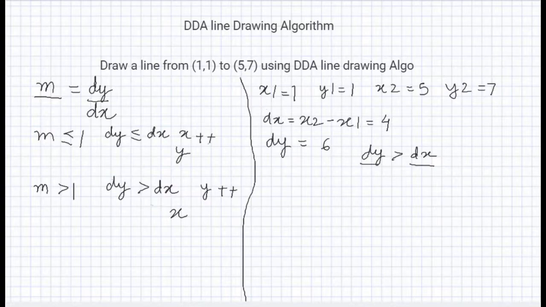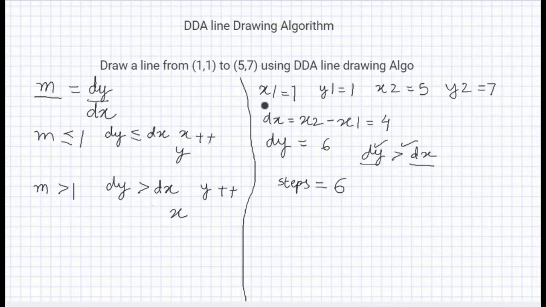Now, in the algorithm, we will take a variable and assign the value of the greater of dy and dx to this variable, steps. So the value of steps will become 6. What is steps? Steps is a variable which will tell us how many times our loop is going to iterate.